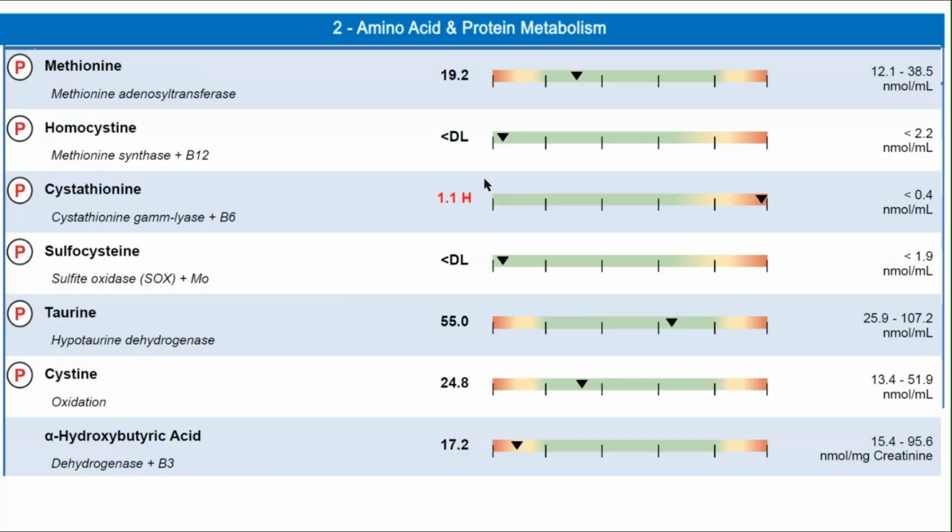But then this person did not have high S-sulfocysteine levels. You can actually see that they have low levels and they have very high cystathionine levels. And you might think, oh, well, they're just not making cysteine, but they eat dietary cysteine. And this is actually a marker for B6 deficiency.